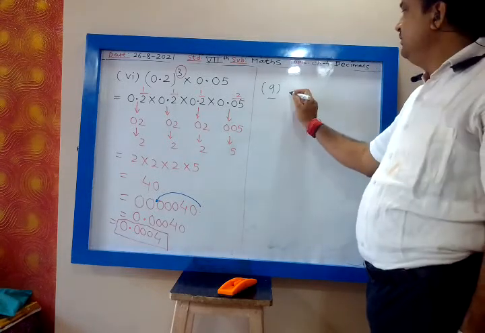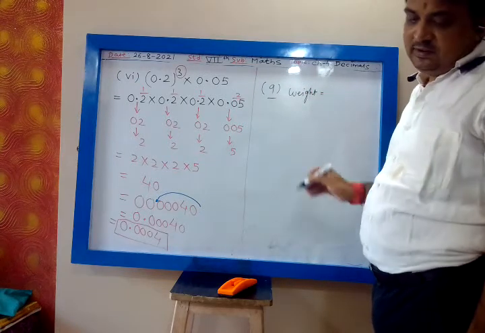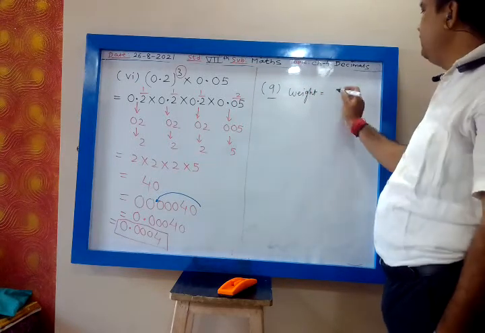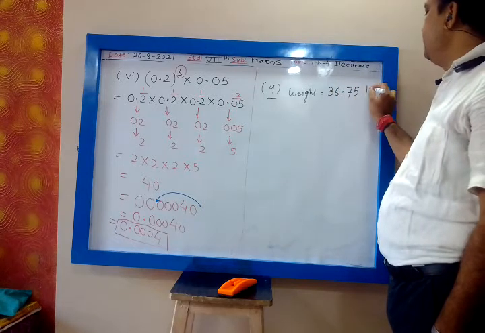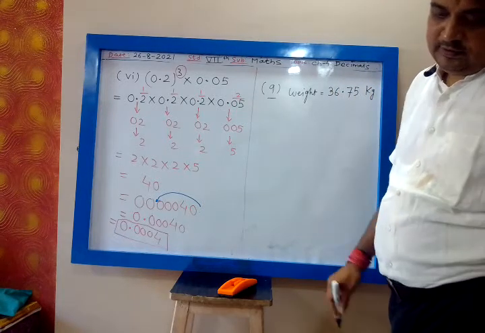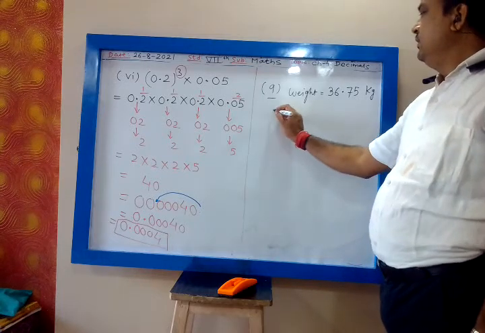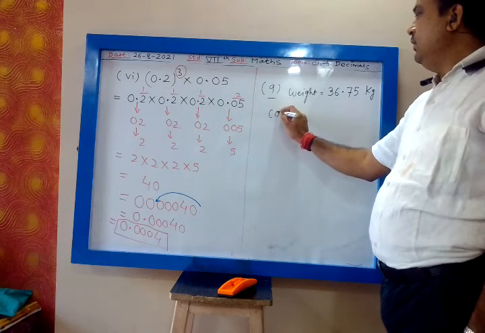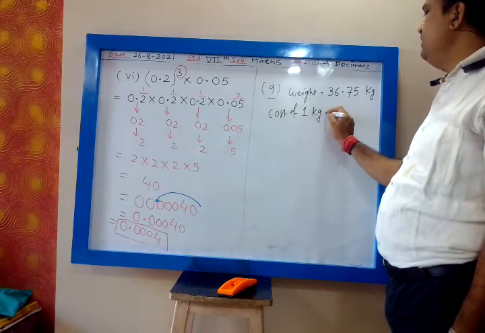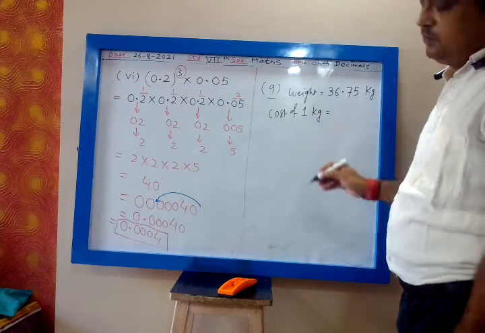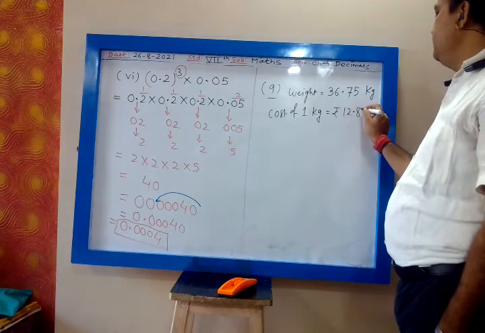So weight is given, 36.75 kg, and the cost of 1 kg is 12 rupees 12.80.